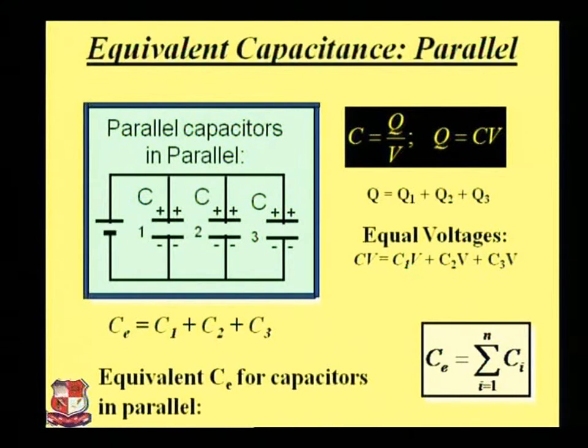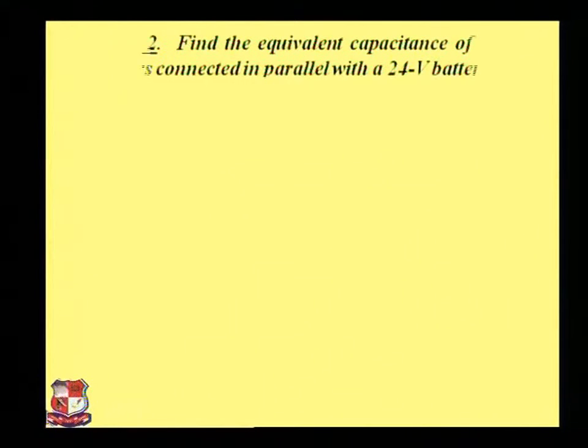In general form, Ce equals the sum of Ci for i from 1 to n, for n capacitors connected in parallel.